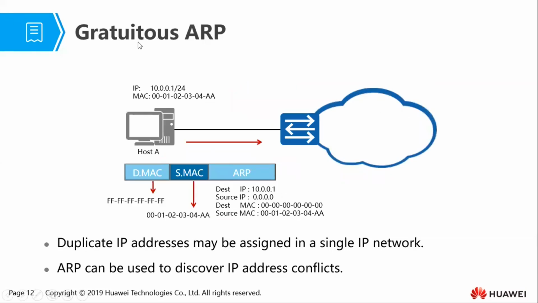So the other concept that is interesting about ARP is what we call gratuitous ARP. Some people call it gracious, some people call it gratuitous, I don't know. Gratuitous ARP is used for one main purpose: to ensure that every IP address in the network is unique.